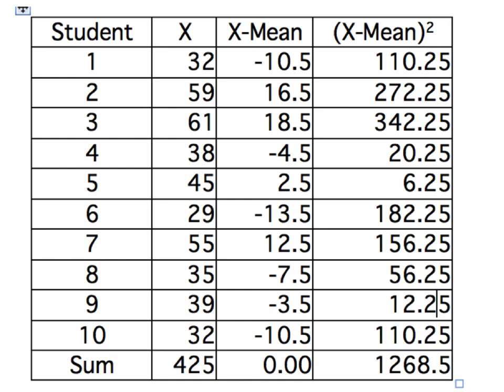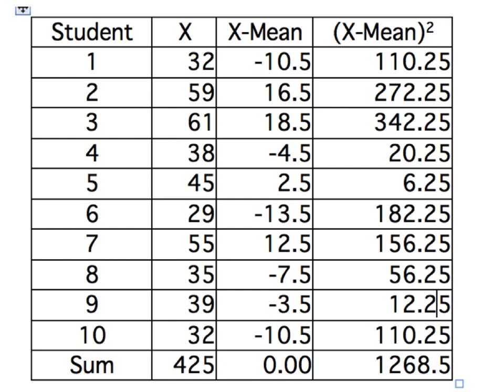Then what I did is I took 42.5 and we subtracted it from 32. So it's X minus the mean. And that gives us minus 10.5, 16.5, 18.5, and so on. So the rest of those numbers there are all X minus this mean of 42.5. And then finally, the last column is taking each of those differences between the x and the mean, these deviations, and squaring them.